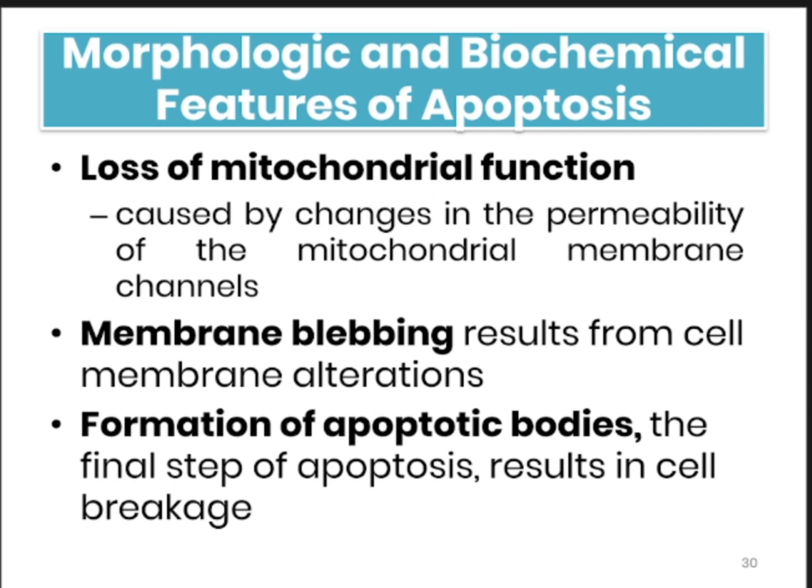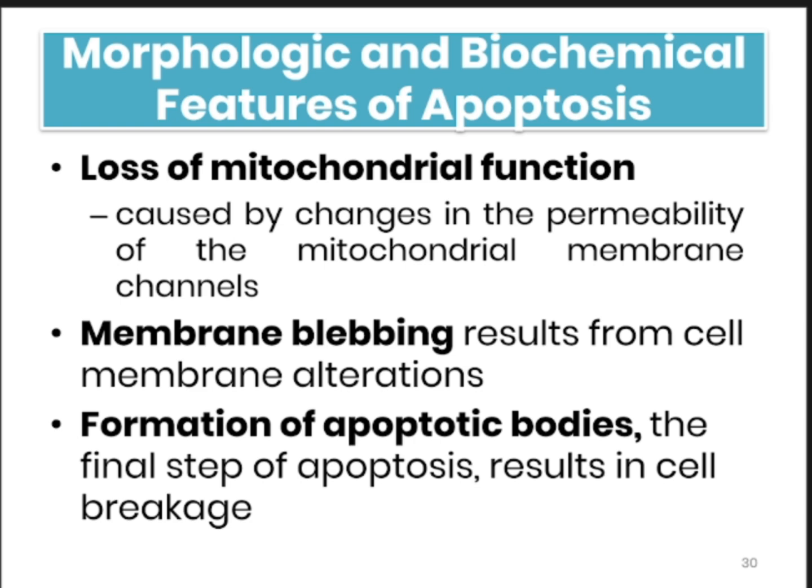Next, we also have loss of mitochondrial function. It's caused by changes in the permeability of the mitochondrial membrane channels, which leads to loss of mitochondrial function. And this disruption affects the energy production and contributes to the apoptotic process.